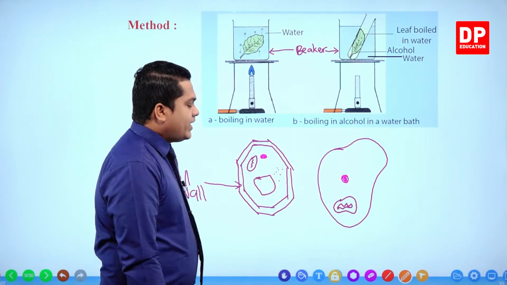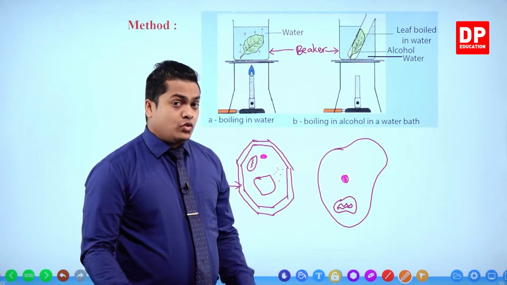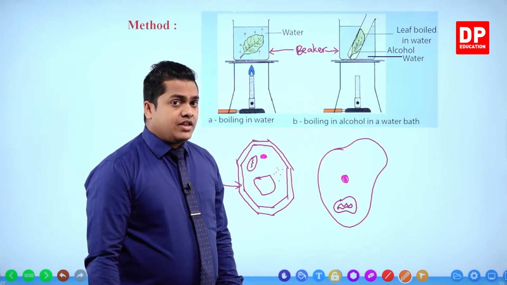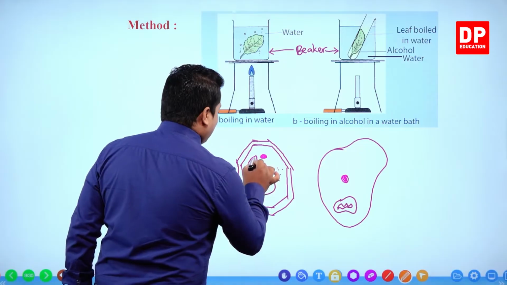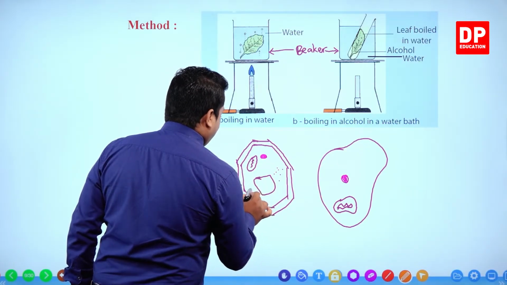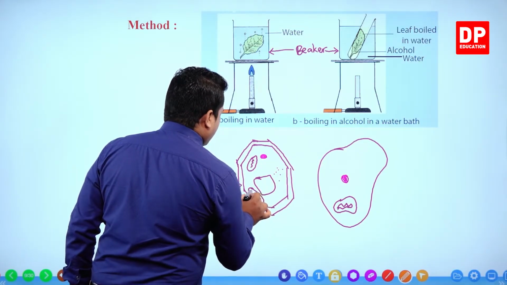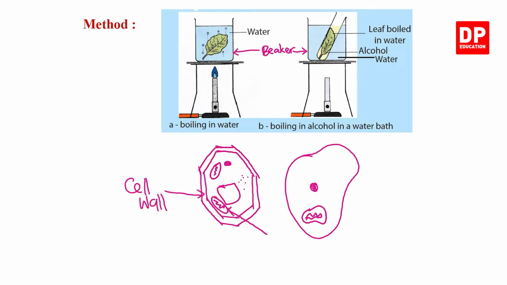So my dear children, it's very hard to get an observation. You know that starch is produced within the chloroplast. Let's imagine that this is the chloroplast. Within the chloroplast, starch or glucose is getting produced.